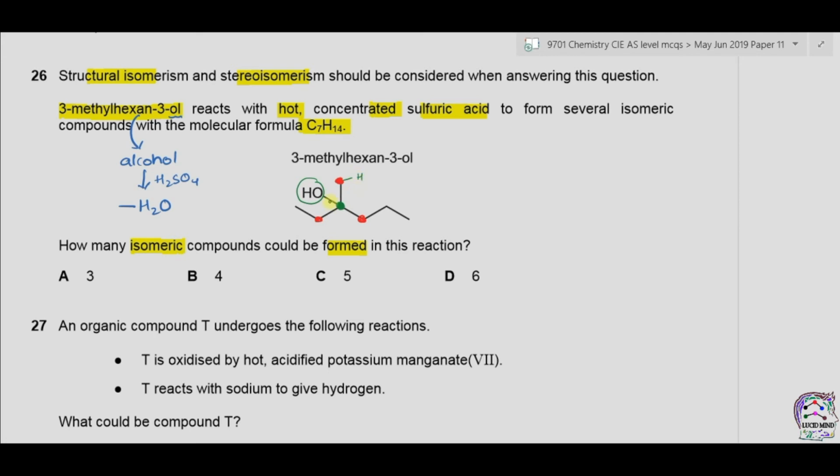So when a hydrogen atom from an adjacent carbon is removed and OH from this carbon is removed, it will form an alkene. So 3 different alkenes can be formed. Now the first possible product could be this one.